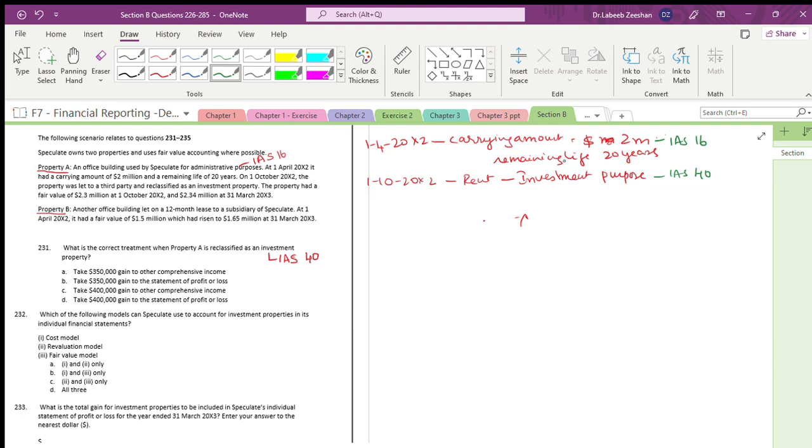Now they have given the property, and it has a fair value. How much is the fair value?